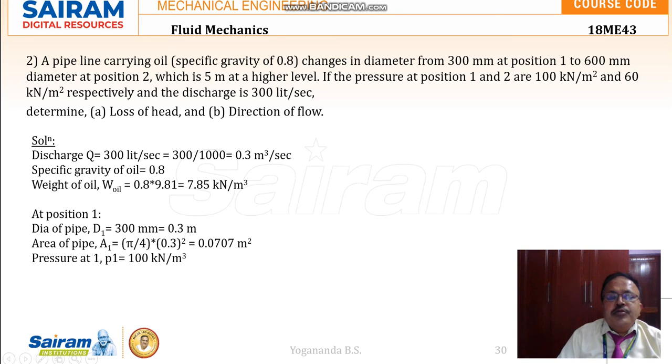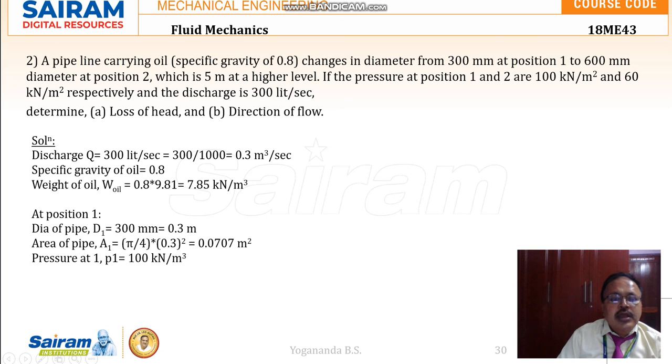The pressures at both positions 1 and 2 are given. The pressure at 1 is 100 kilonewton per meter square. The discharge of the oil is 300 liters per second, which in terms of meter cube is 0.3 meter cube per second. The specific gravity of the oil is 0.8.